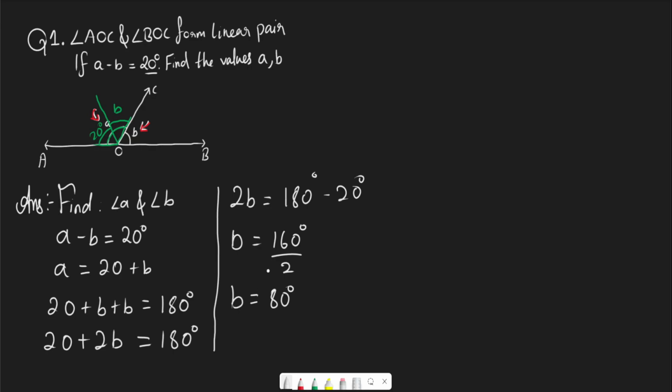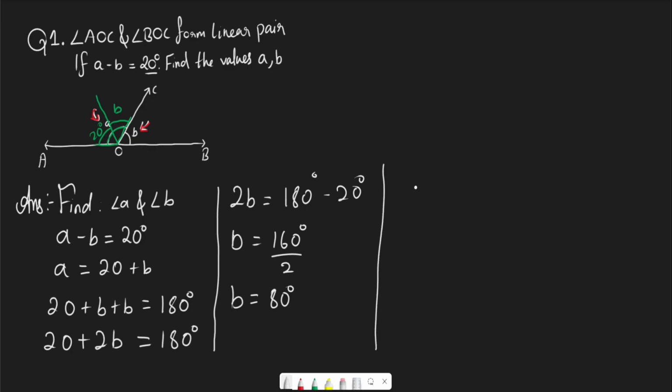We found that B is equal to 80 degrees. That means A should be 100 degrees, as that's the only value left for A. So A plus B is equal to 180 degrees. Let's do this quickly.